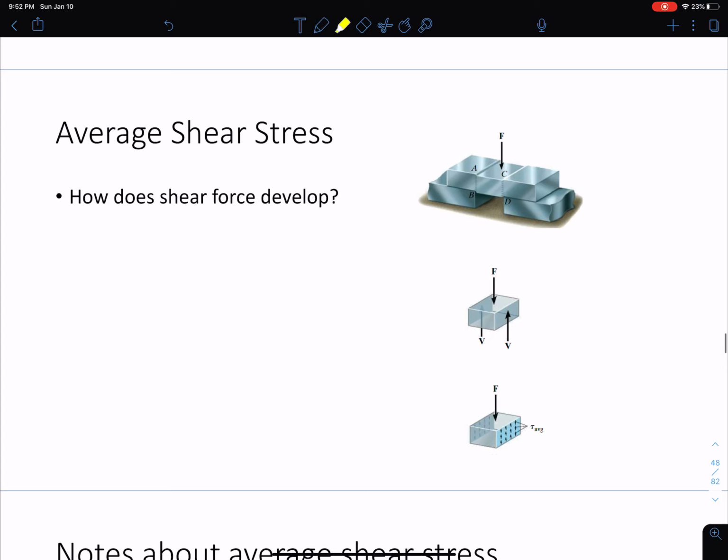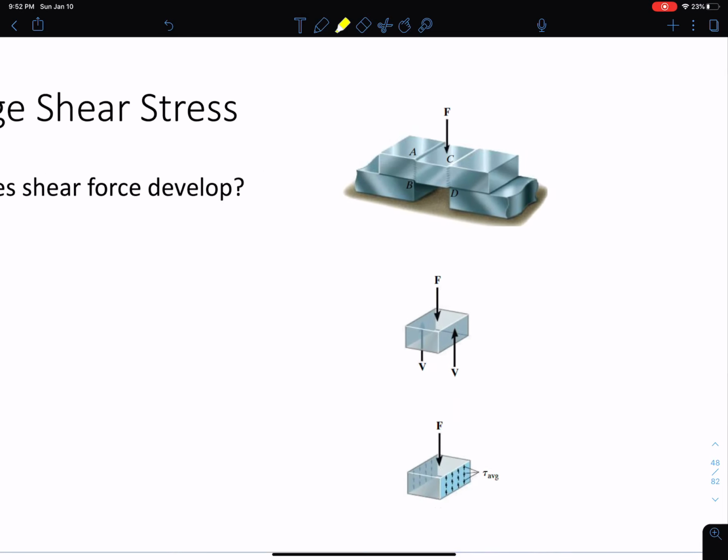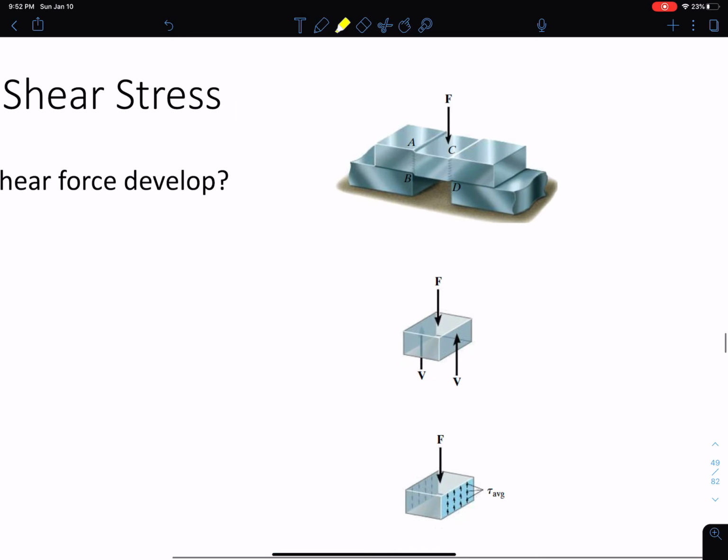Okay, so let's talk a little bit about average shear stress. So how does shear stress develop? Shear stress, we know, is a stress that develops parallel to the surfaces where the force is being applied. In the picture, we have a long member and there is some type of hole beneath the supports.